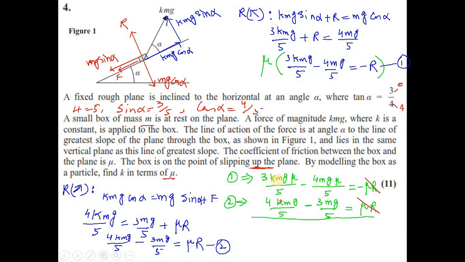If you look, you have some common terms: a k common, m common, g common, and 5 common.